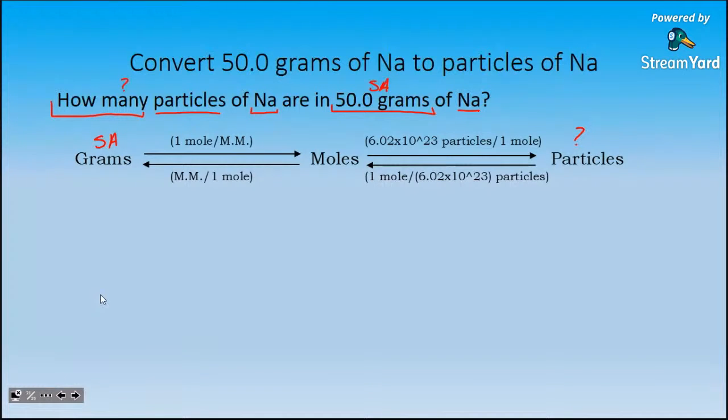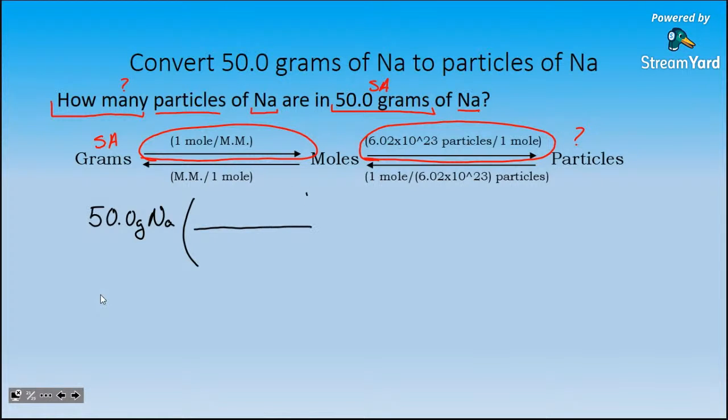So looking at this roadmap, I'm going to first need to convert those 50 grams to moles and then convert that number of moles onto particles. And we can do this either in 2 steps or we can do it in 1 step. And I find it to be easier to do it in 1 overall step. So my starting amount, that 50.0 grams of sodium, and then my first conversion factor.